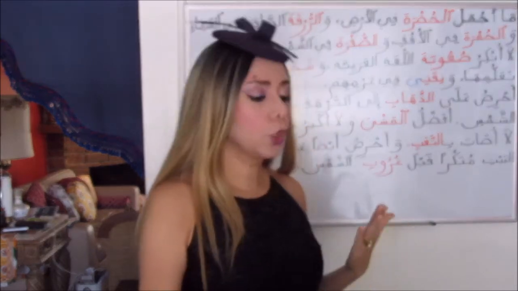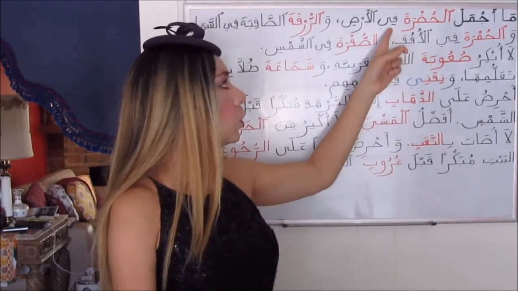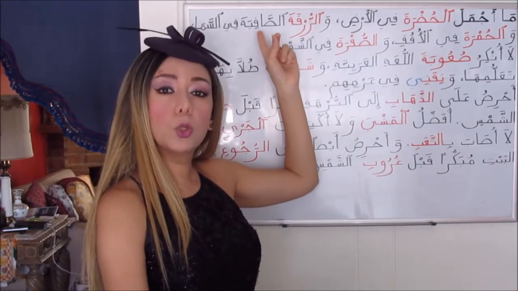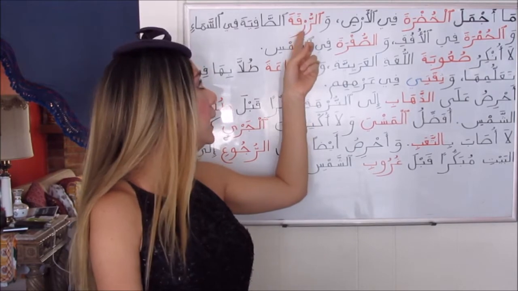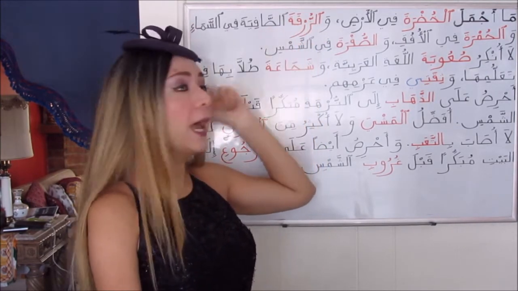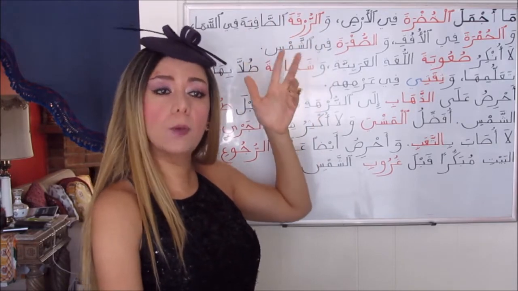Alright? So, ما أجمل, how beautiful. The green on the ground, في الأرض. الزرقة الصافية, the clear blue. So here, الزرقة is modified by an adjective, since الزرقة is a noun.